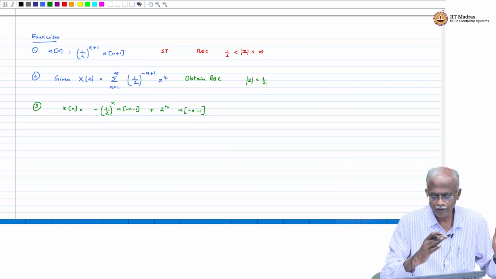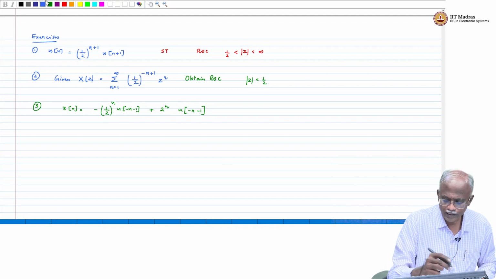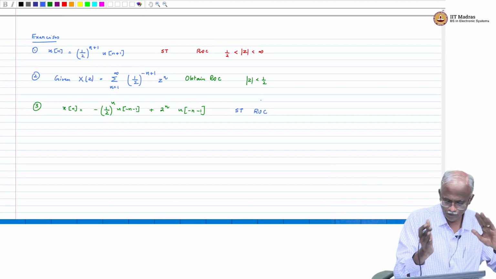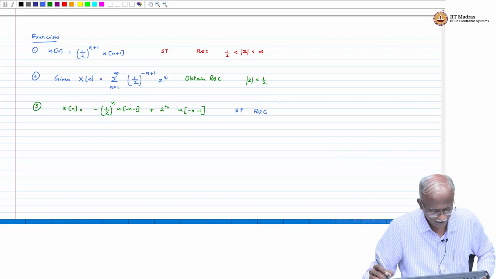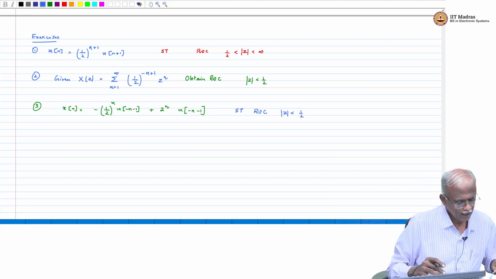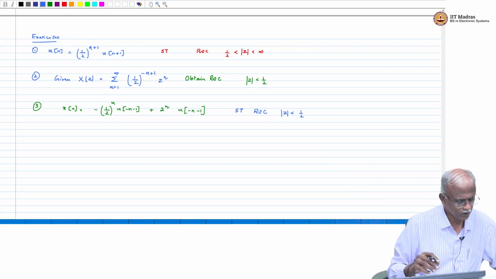Basically there are two terms, both are left-sided sequences, so you would have to look at the intersection of the two regions of convergence, and the intersection will be mod z less than 1/2. This is also something that you should be able to do without too much difficulty.